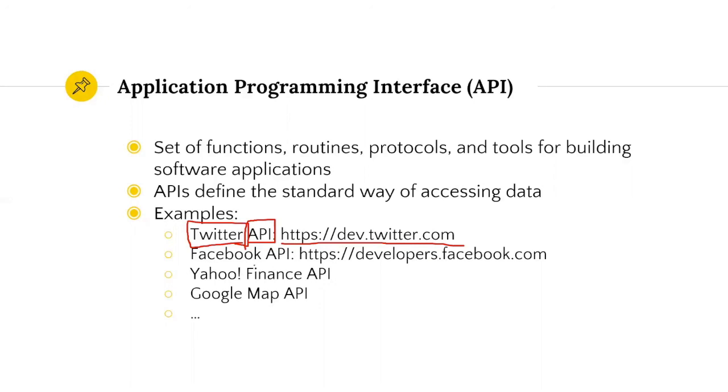Facebook has the same thing. They have a Facebook API, and that can be accessed from developers.facebook.com. There are many other APIs officially or unofficially released by those service providers. We are actually going to see some examples of those in our next lab section. So in case the website or web service provides an API, then probably the API is the way to go.